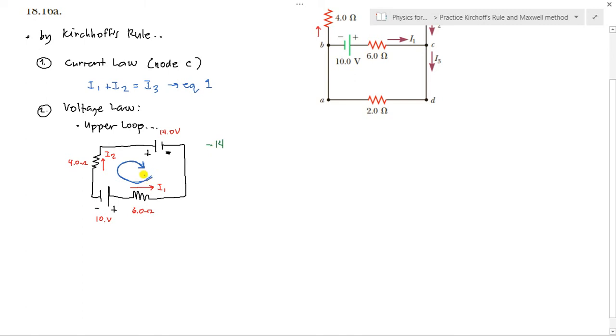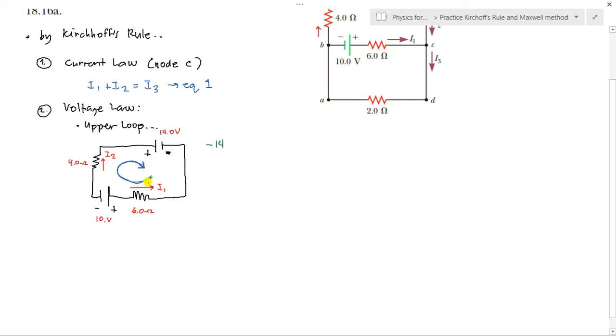Next, the blue arrow passes through the 6 ohm resistor at the bottom. However, the current I1 is opposite to it. So is it a voltage drop or a voltage increase? Since the direction of I1 is opposite to the assumed blue direction, what is it here, class?